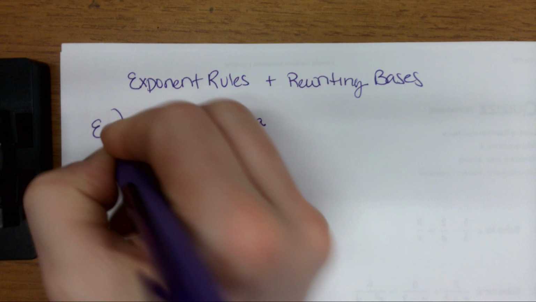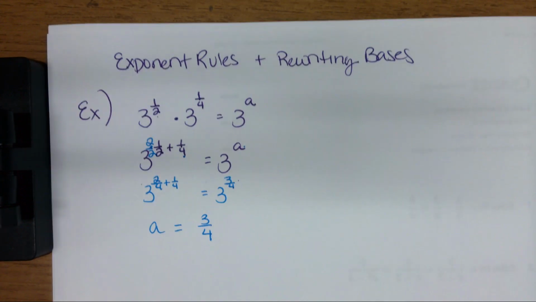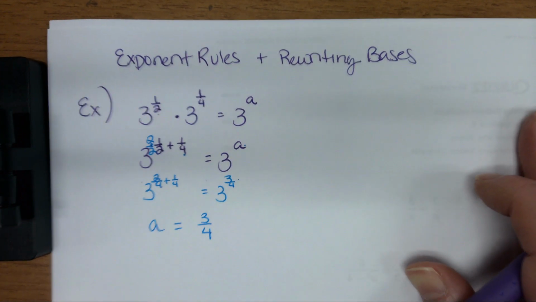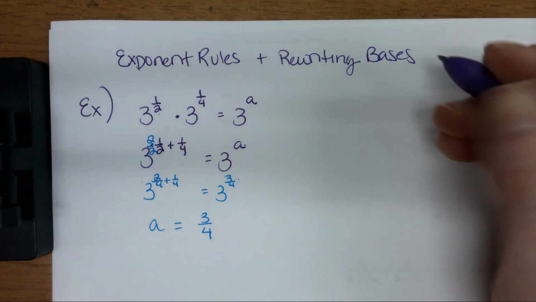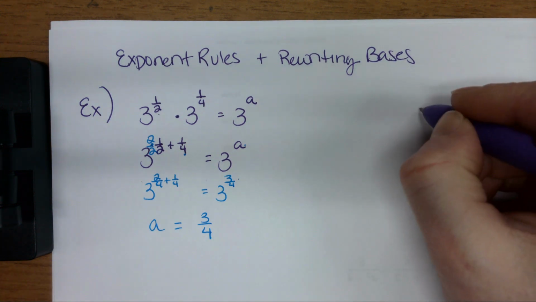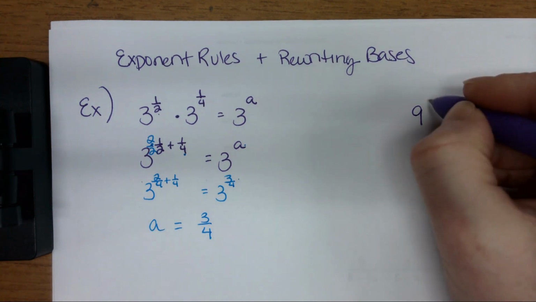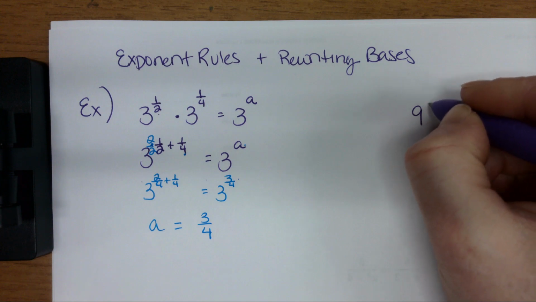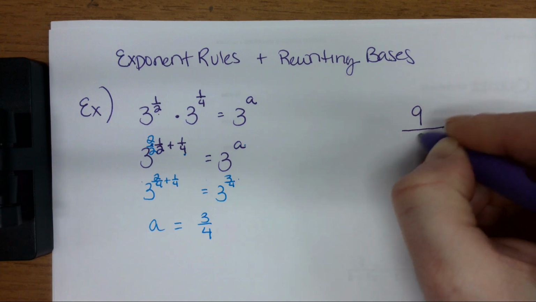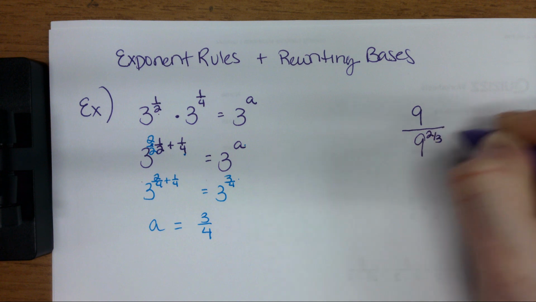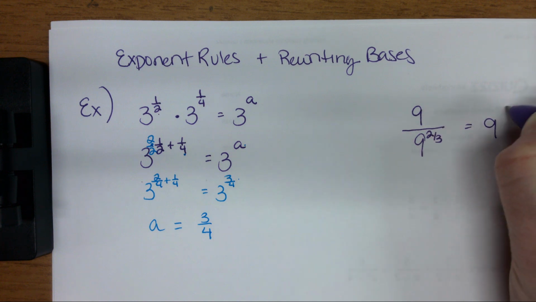I'd also then, right next to this, like to do one with division. Okay, so suppose I had 9 to the first power over 9 to the 2/3 power, and I wanted you to write this as 9 to the A power.